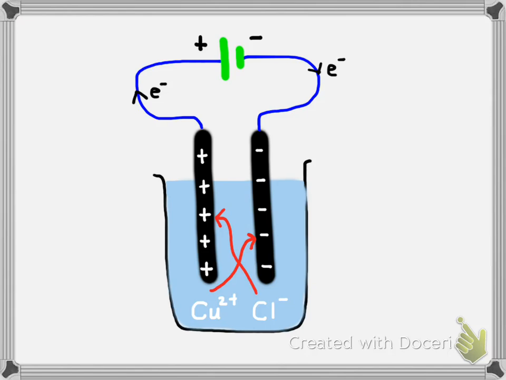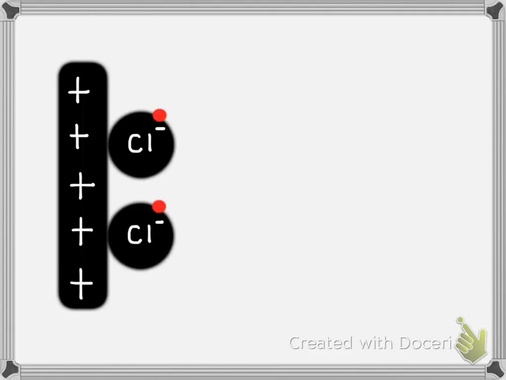We're going to consider each electrode in turn. Let's start with the positive electrode. Our Cl- ions are attracted to that electrode because they're negatively charged. Each Cl- ion has a single extra electron, and that electron is attracted to the positive electrode.